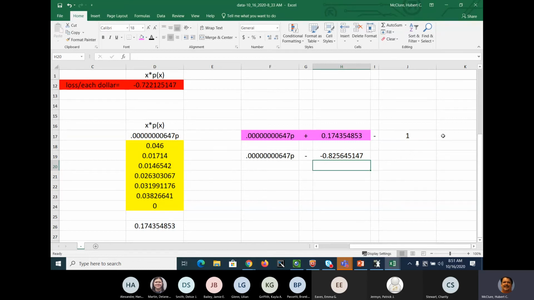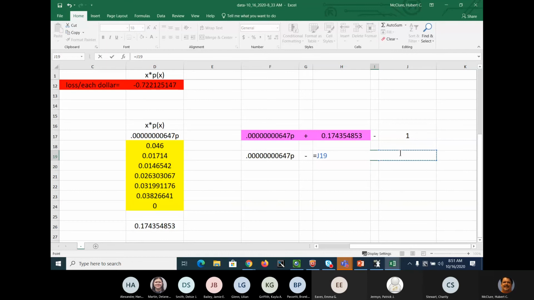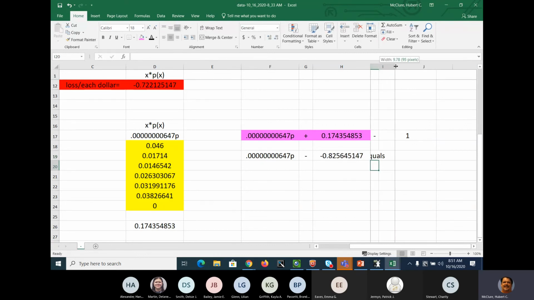I'm not going to put equal to 0. So I'm going to bring this over to the 0. I'm going to put equals 0. And it's not going to like that at all. Because equals means there's a mathematics, so I've got to type in equals. I could change it to text and do that, but it takes too long.